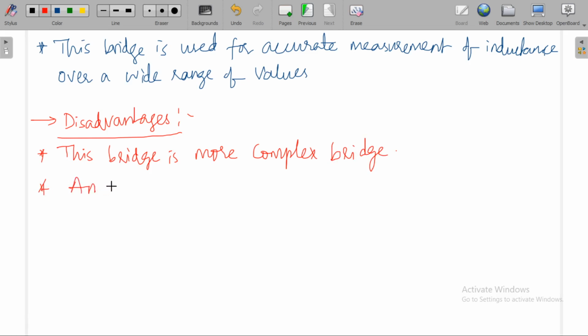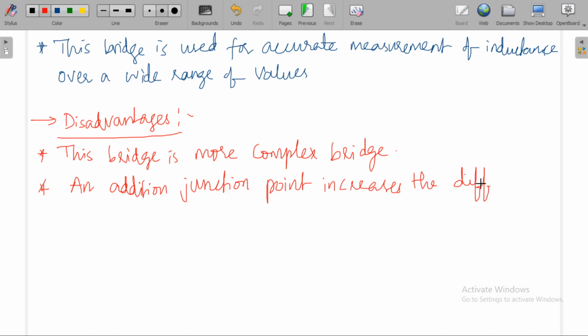An additional junction point increases the difficulty of shielding the bridge.